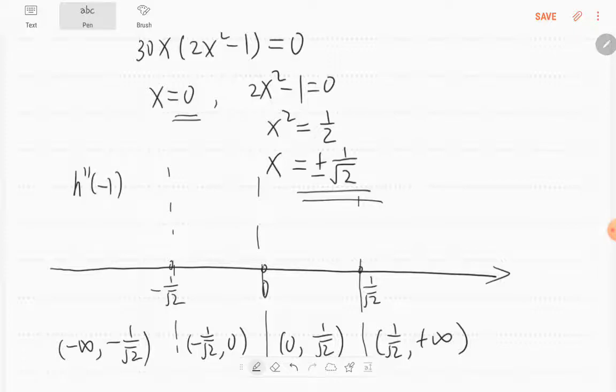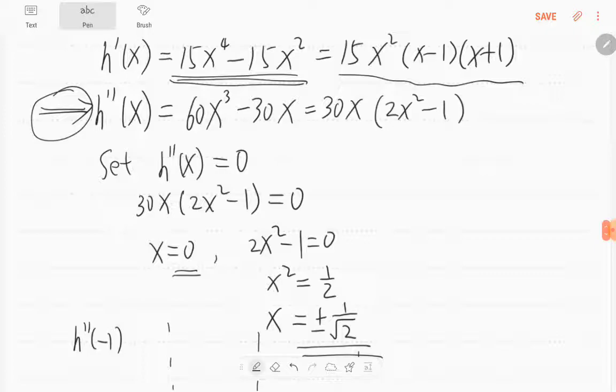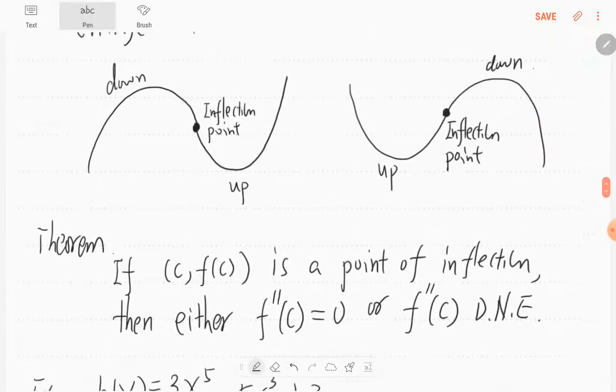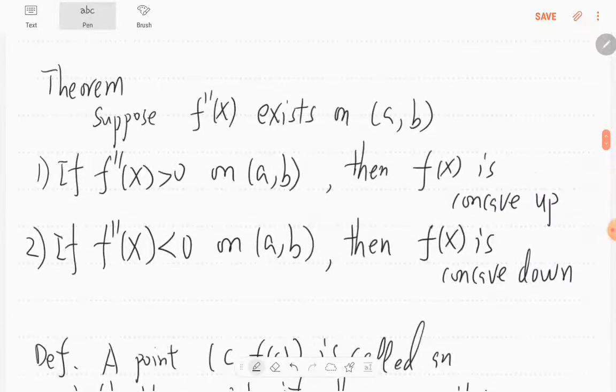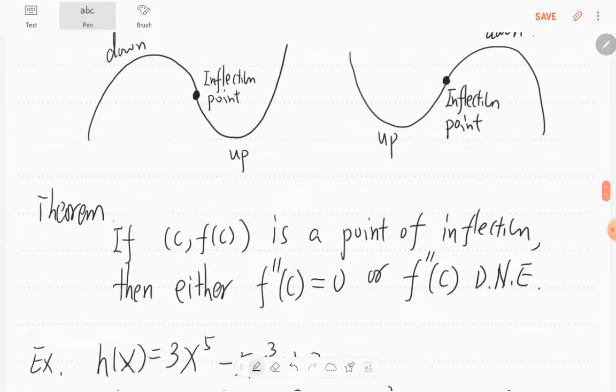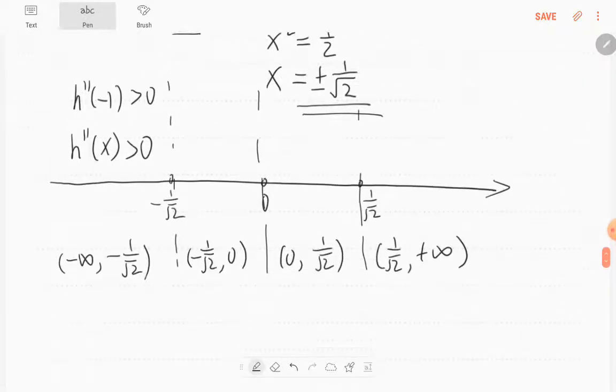You do the calculation, plugging in negative 1 here, and you will see it is positive. We just care about positive and negative, so on the whole interval it's positive. That means if the second derivative on the interval is positive, it's concave up. We use this symbol to denote concave up.